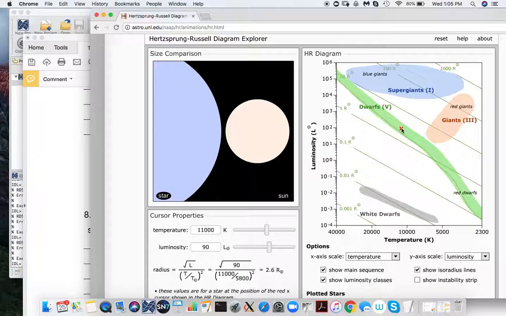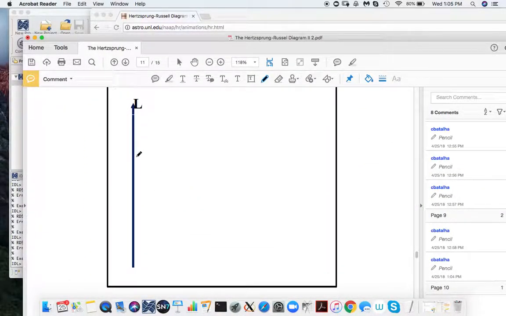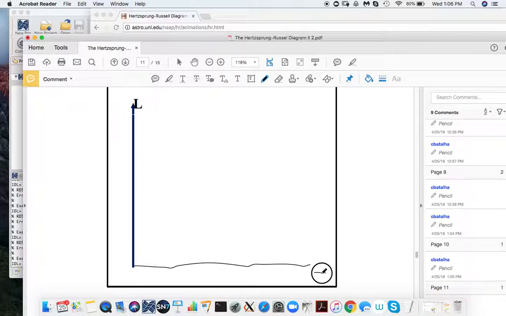Now, to construct a conceptual HR diagram, there you go. So you should be able, for instance, in the final exam, having a written part, I could ask you to complete the HR diagram. So then you have to be able to write what it is. So you have a temperature down here, and you have a luminosity right there.